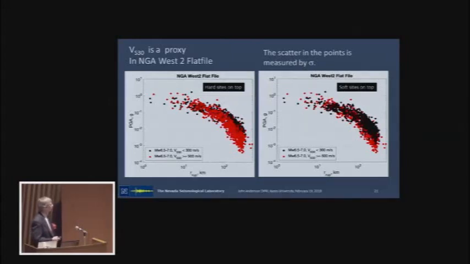So the data on both sides are equal, but this emphasizes that, yes, there is some difference between the sites with a low VS30 and with a higher VS30, but it's not a huge difference, and there's still a lot of scatter. The scatter in these points is measured by a quantity called sigma that I'll mention again later. So you can see that VS30 is not doing a particularly great job of separating the two. And so we need to do better.